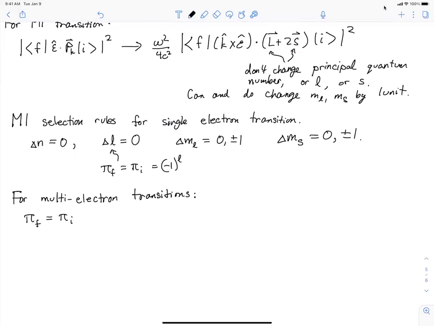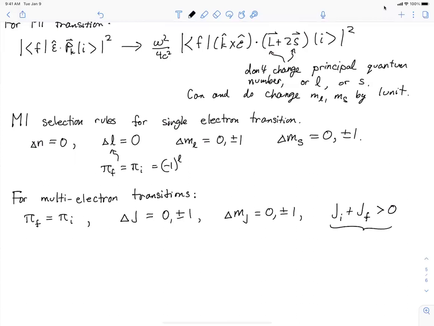So that's true. And then the change in the total angular momentum has to be 0 or ±1. The change in the z component is also 0 or ±1. And then we had the selection rule last time that we talked about, where it's always true that the sum of the total angular momenta has to be greater than 0. So this is always true.